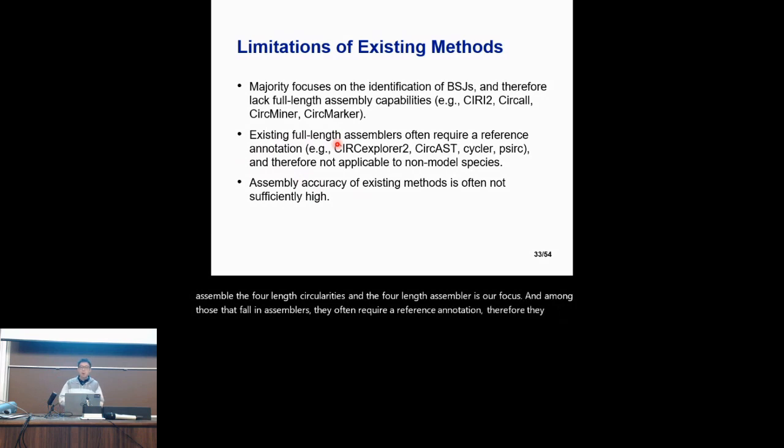Therefore, they cannot be used for non-model species, for which we don't have a reference annotation. Our goal is to develop a full-length assembler that doesn't necessarily depend on the reference annotation. And also the accuracy of existing methods is not high, and we hope to improve the assembly accuracy.